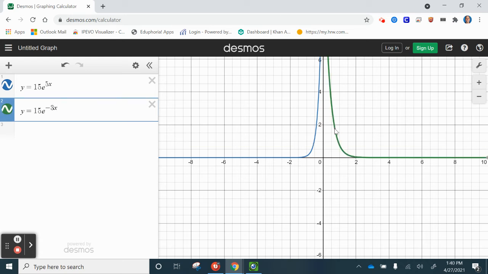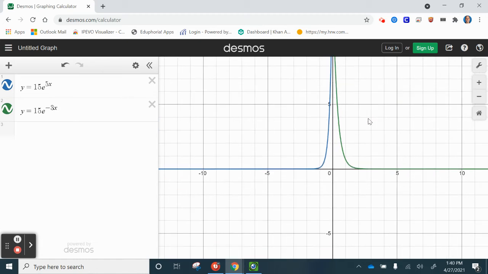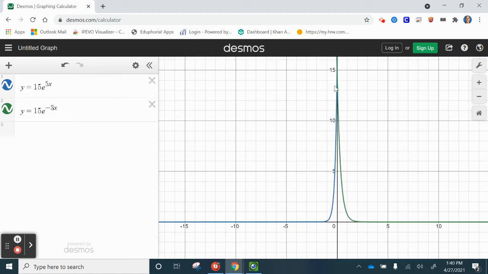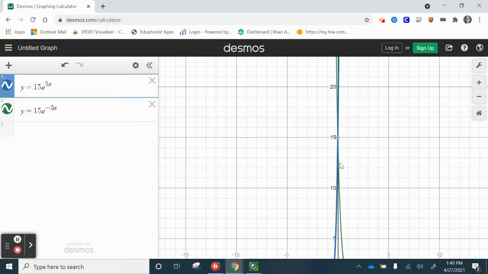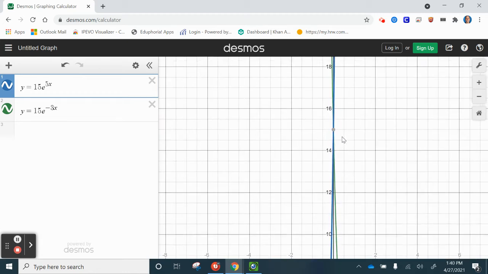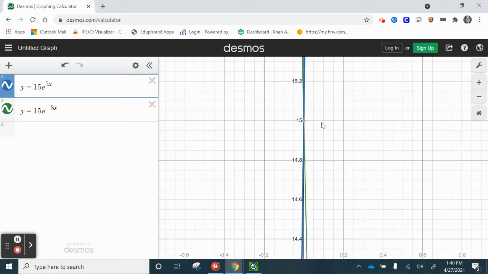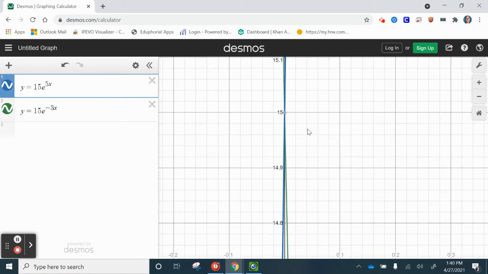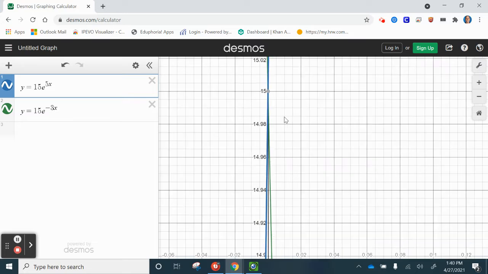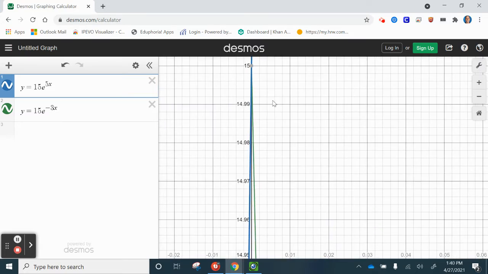It looks like we're going to zoom out a little bit. It looks like we're pretty close to the intersection right there, and I'm going to click right here. Now you want to be careful. You want to zoom in. I'm going to zoom in quite a bit.